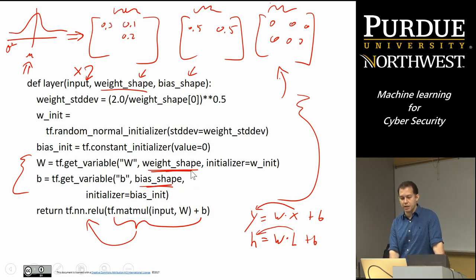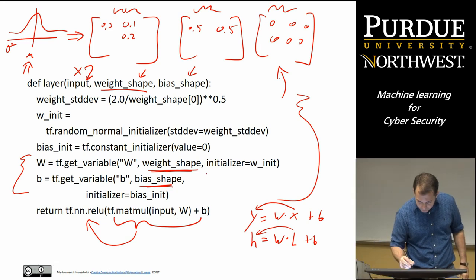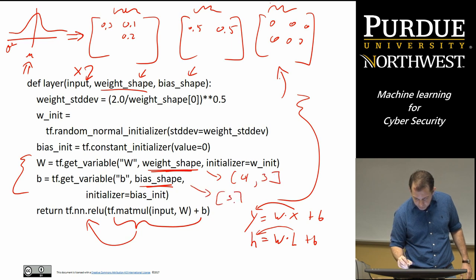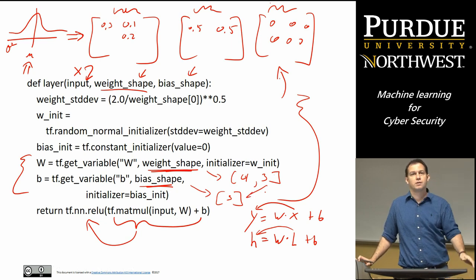The bias is really always, so for iris, this would be 4, 3, then the bias is always going to be 3, right? It's always the number of neurons in that second layer.